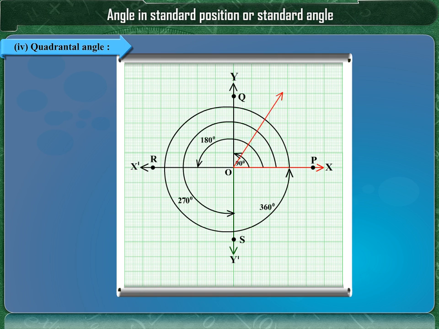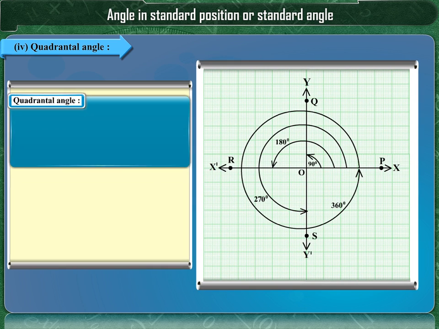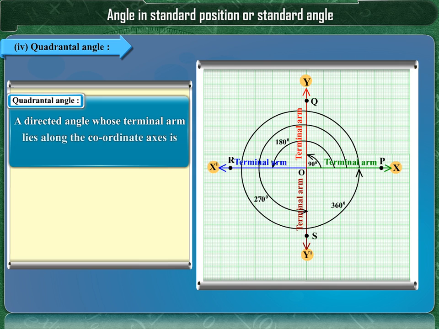What if the terminal arm of a given angle lies along the axis? We are going to consider the angles whose terminal arms lie along the coordinate axis. So, a directed angle whose terminal arm lies along the coordinate axis is called a quadrantal angle.